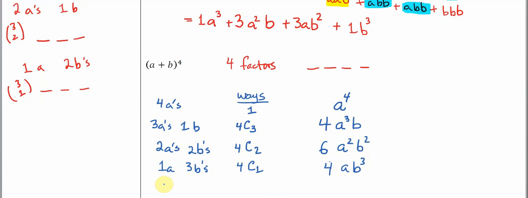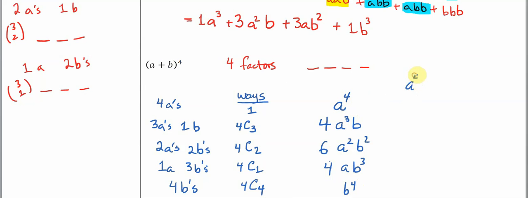And then finally, you could have 4 b's. So this is 4 choose 4, which is just 1. Okay. Or you could say this is 4 choose 0, however you want to represent it. So we could have b to the 4th. Okay. So that means a plus b raised to the 4th power is the sum of all these terms.